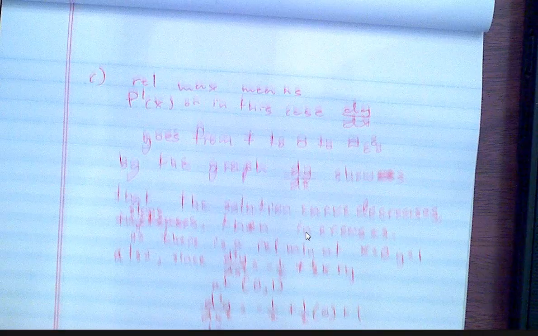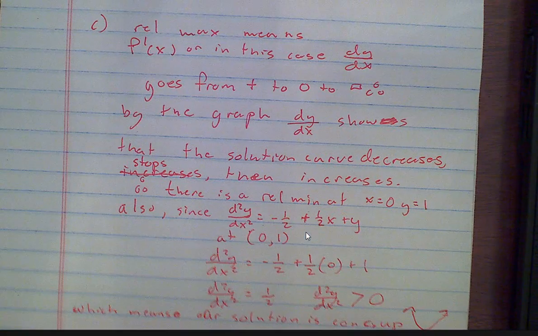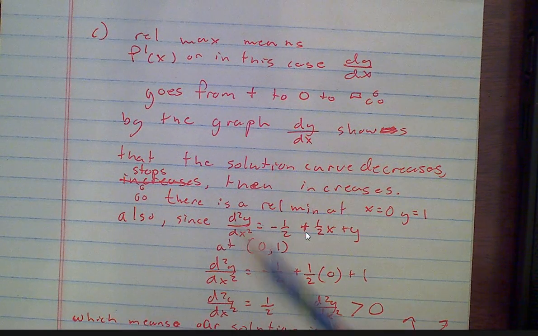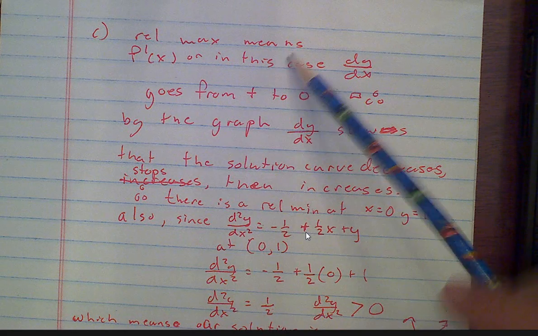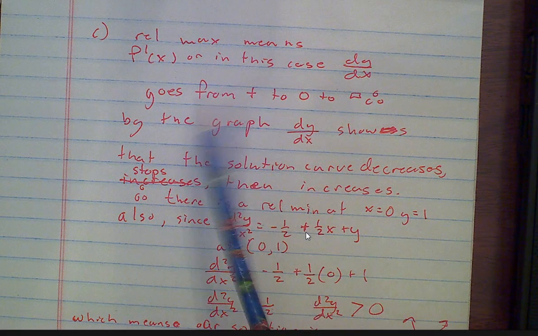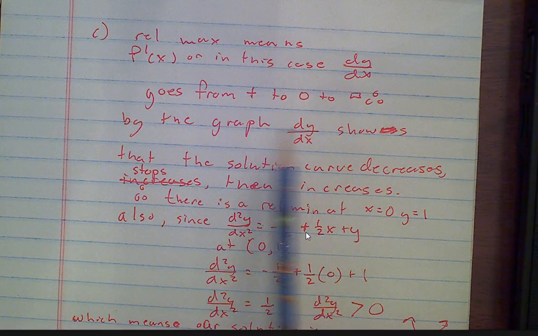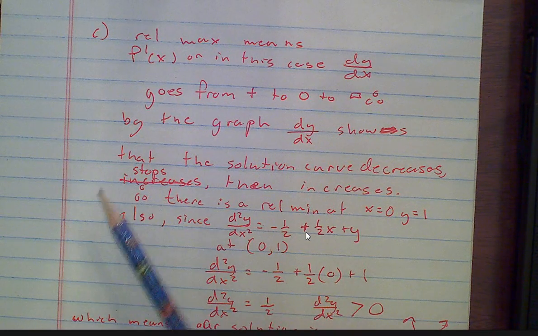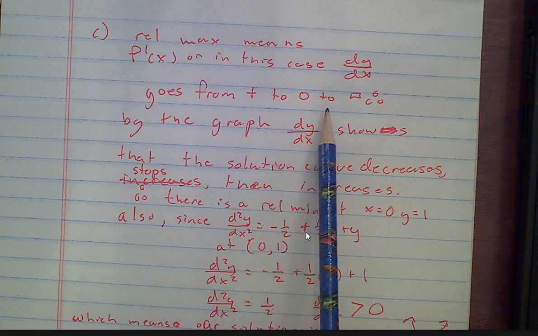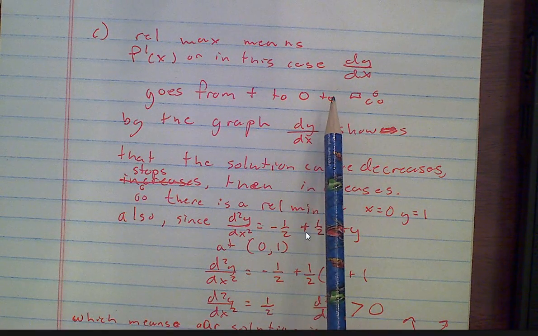This next one, actually this whole problem was kind of a nightmare. Relative max means f prime of x, in this case dy dx, goes from positive to 0 to negative. We were supposed to find out whether it has a relative max, min, or neither.